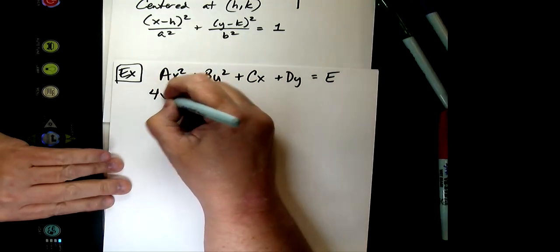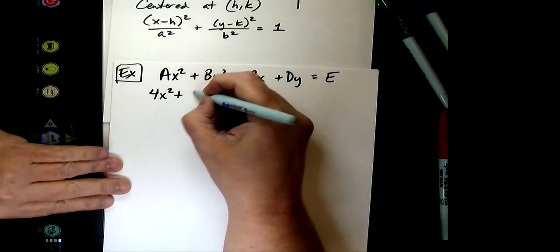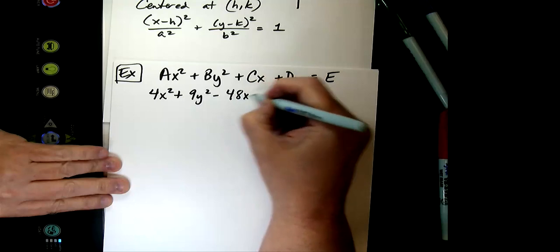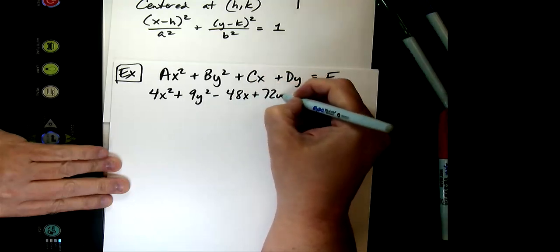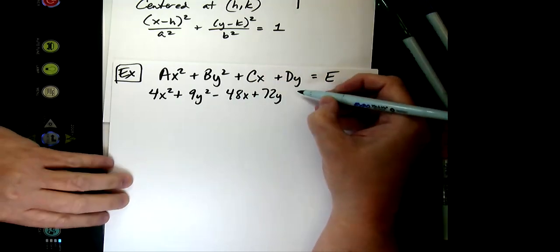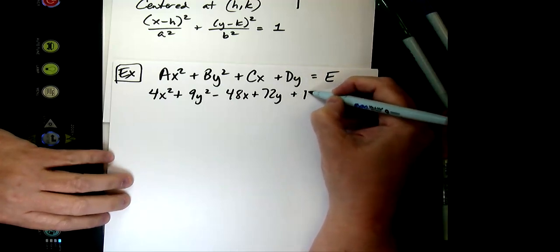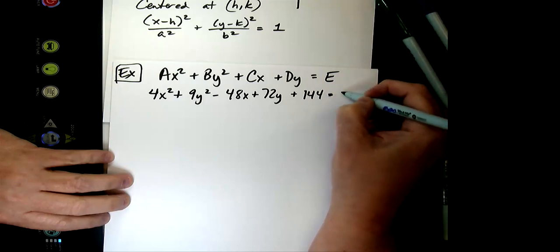So let's just look at an example: 4x squared plus 9y squared minus 48x plus 72y plus 144 equals 0.